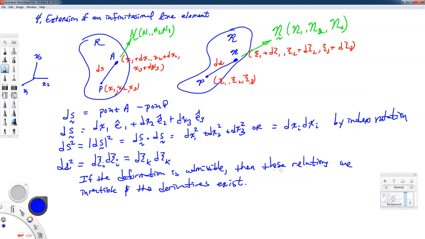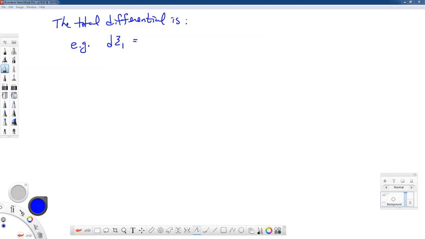Let me make a little bit of room here. We've talked about the total differential already, but for example, total differential d xi 1 is determined by the rates of change of xi 1 with respect to the spatial coordinate, the partial derivative of xi 1 with respect to x1, times the amount of distance that we go in direction 1, so dx1.